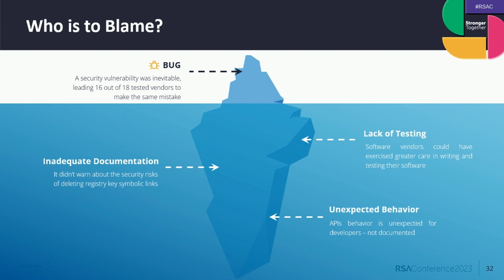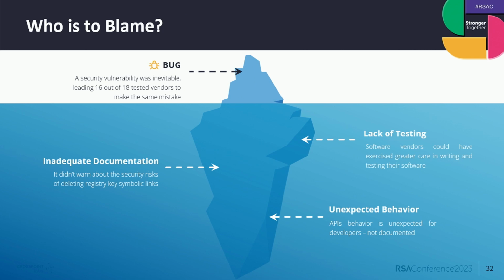And that starts, at the bottom here, with unexpected behavior in the way the registry link works: when you are trying to delete a link, the target key was deleted rather than the link.